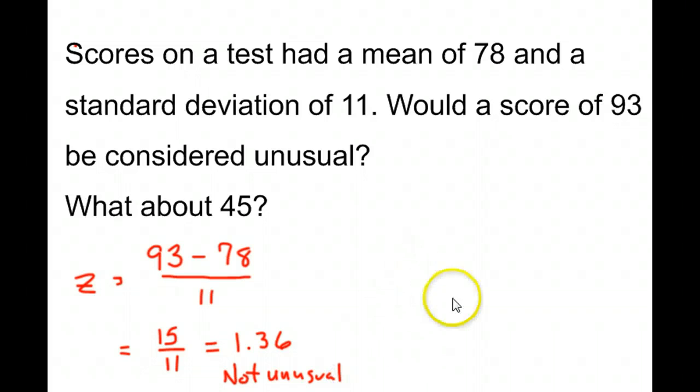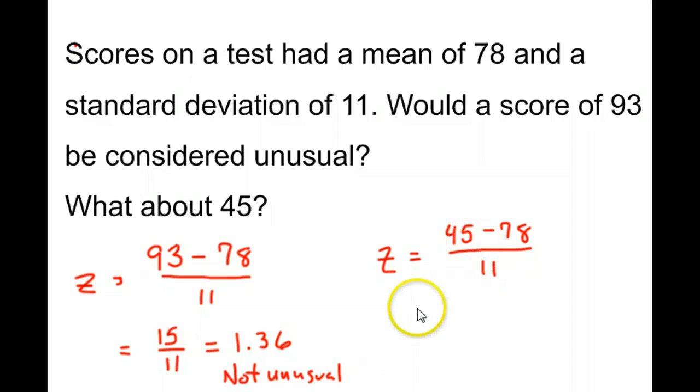Alright, not unusual, or I guess we could say it's usual. And then the other one, the second z-score, now 45 is our measurement, so we subtract the mean from 45, and then we divide by 11. So 45 minus 78 is negative 31, divided by 11.